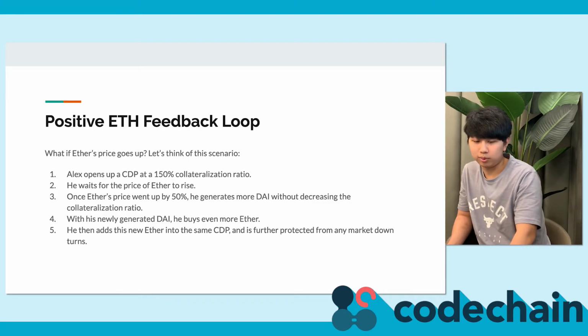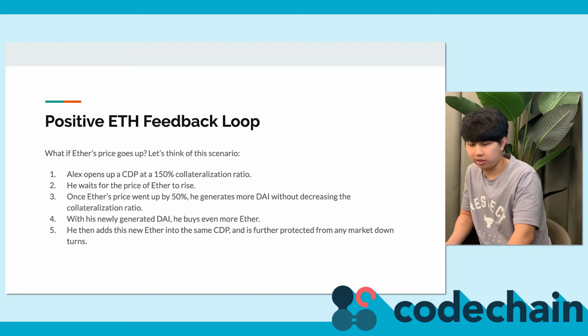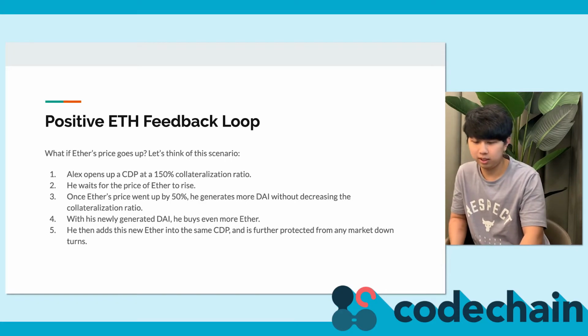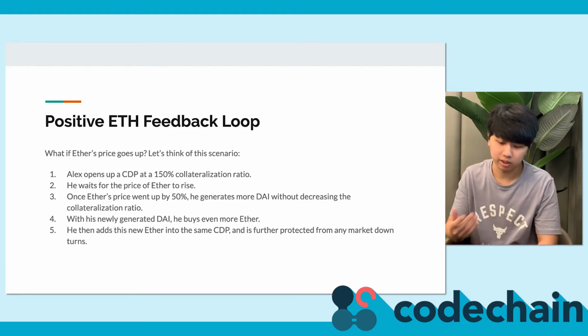Once Ether's price goes up by 50%, he generates even more DAI without decreasing the collateralization ratio. With this new DAI, he buys more Ether and adds it into the same CDP, and he is further protected from any market downturns. So he can basically keep doing this over and over, as long as Ether's price goes up, for free, basically.